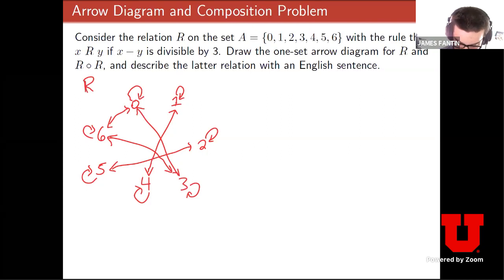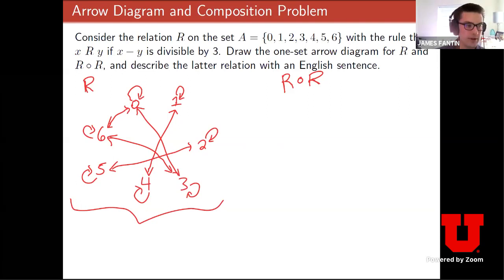And then we need to think about how we could draw one for R composed R. So can anybody tell me what they think an arrow diagram for R composed R would look like? And is it similar to the arrow diagram that we have drawn for R?